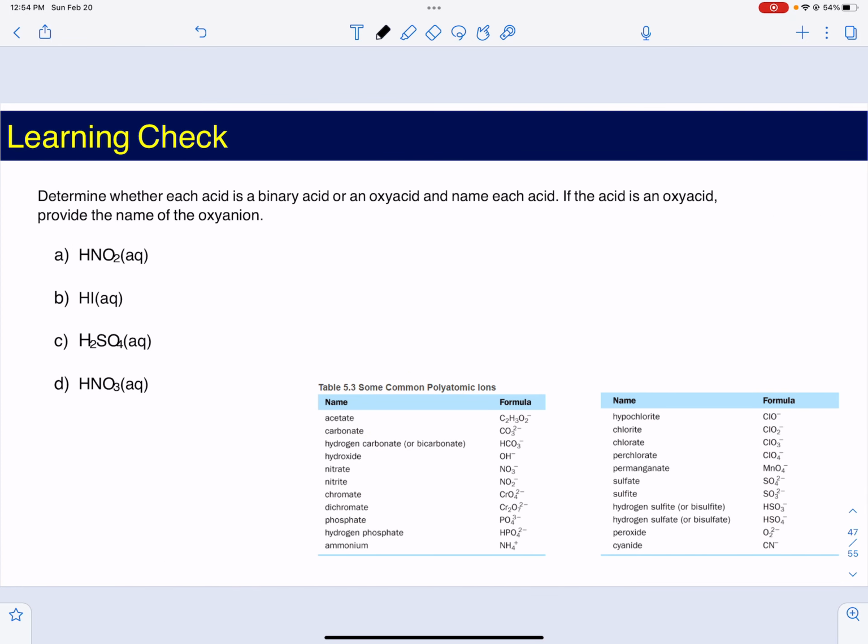So when I look at this, it begins with hydrogen, so I know that the name is going to be something, something acid because it begins with hydrogen. Then I'm going to look at what's the next thing. The next thing is, in this case, a polyatomic ion.